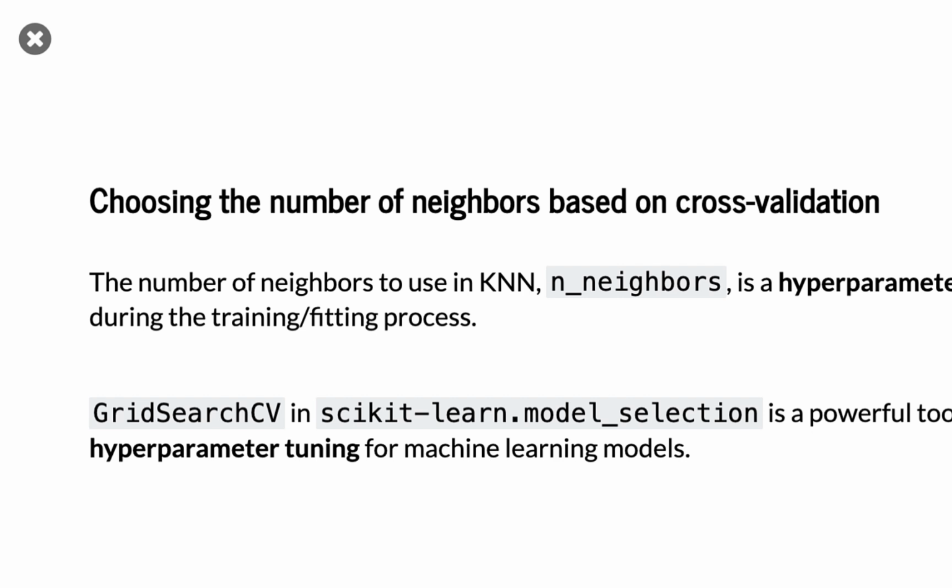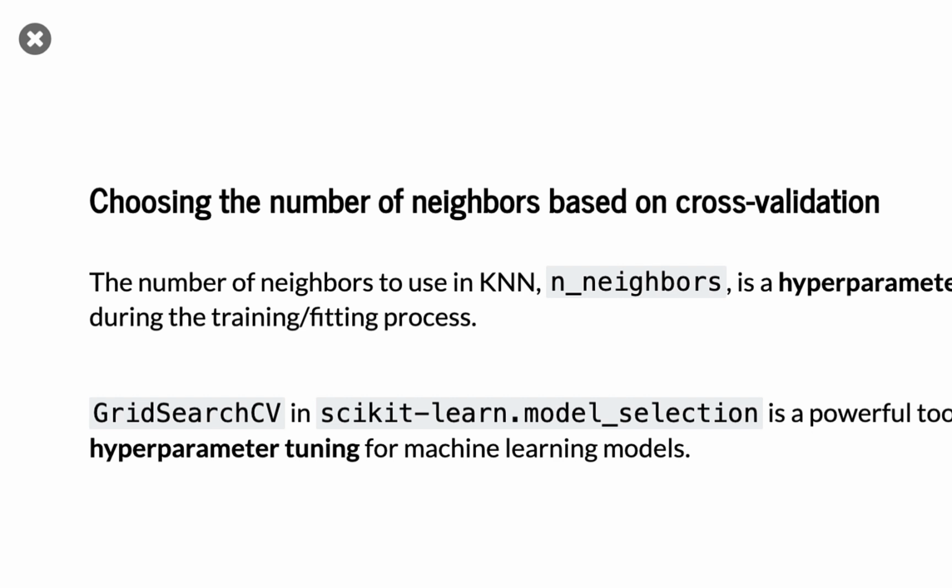But still, from the perspective of the person who is implementing this method, we will be interested in determining the right number of neighbors. The idea is the same as before when we were dealing with selecting variables, selecting features.